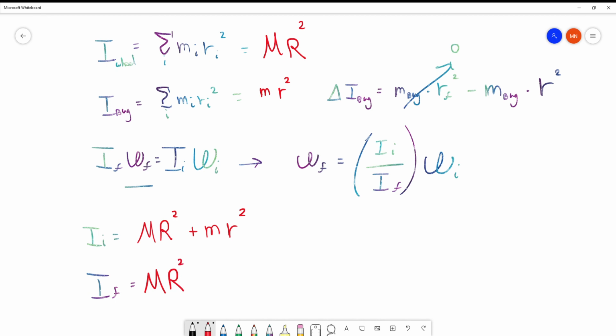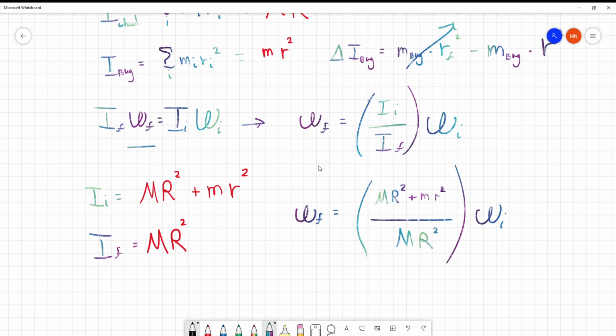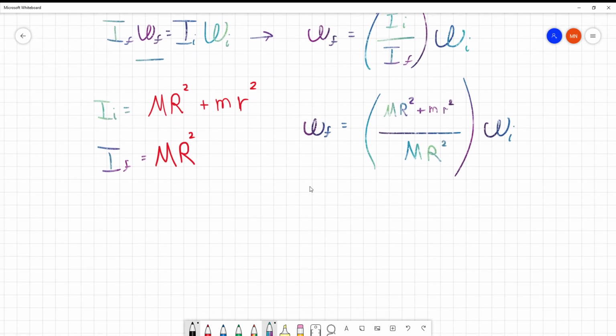So let's plug it in and see what we get. Omega final equals (MR squared plus little m little r squared) divided by MR squared, multiplied by our initial angular velocity. This would kind of be a solution, but we can make another step to simplify.